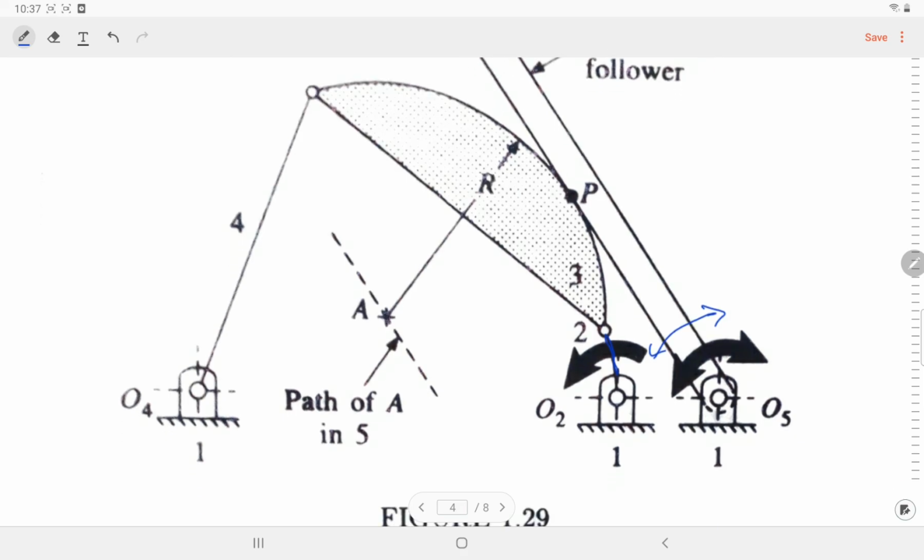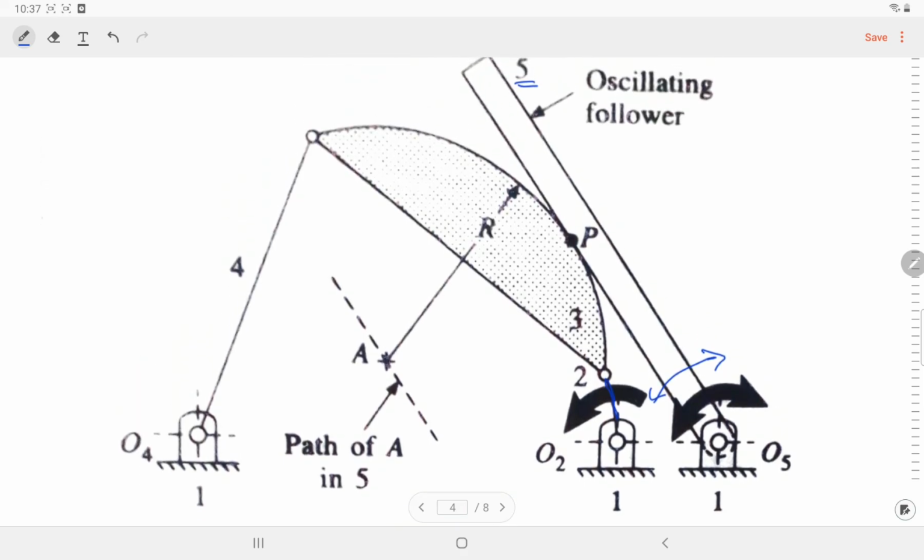So if you see, this is link 3 and that's link 5, and between link 5 and link 3, it is having a kinematic pair which is a higher pair.